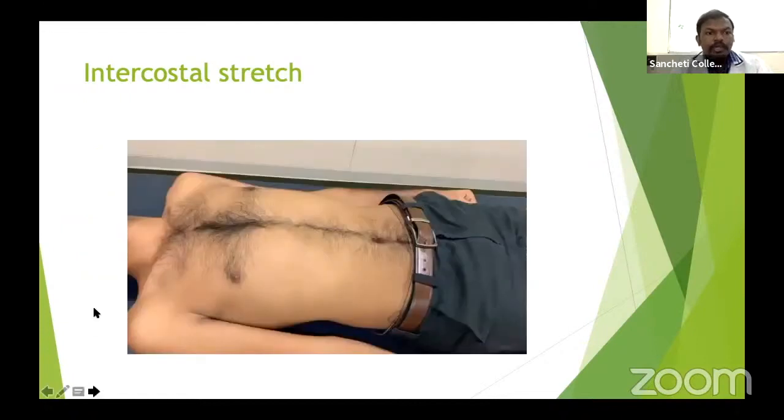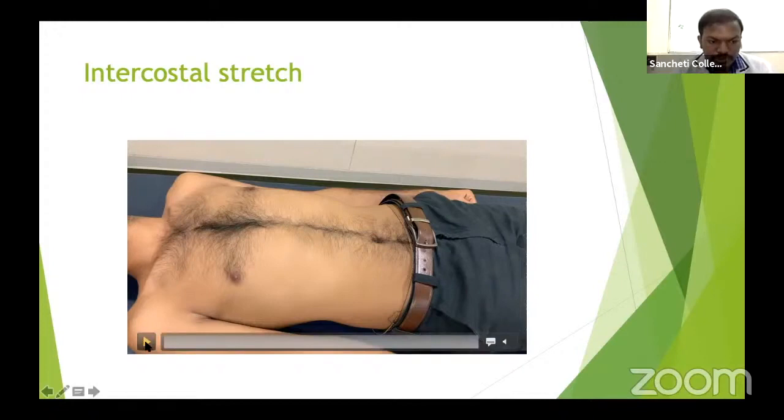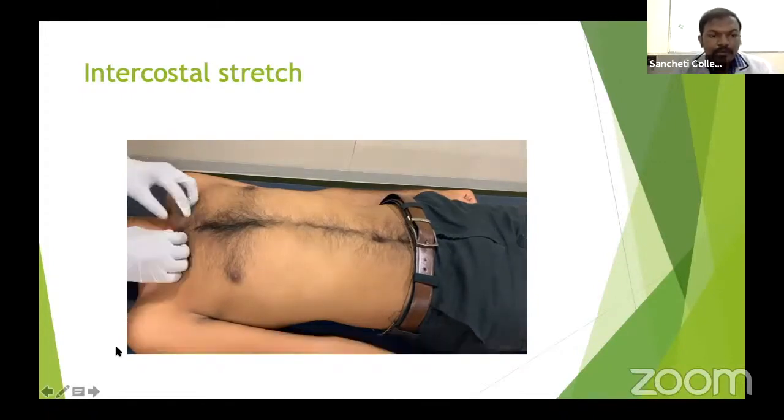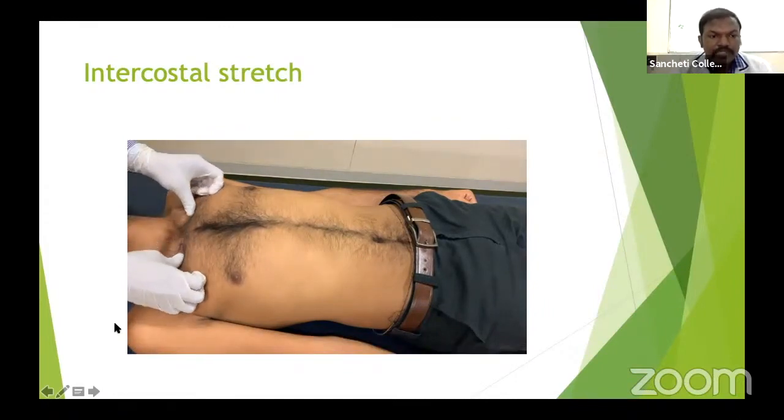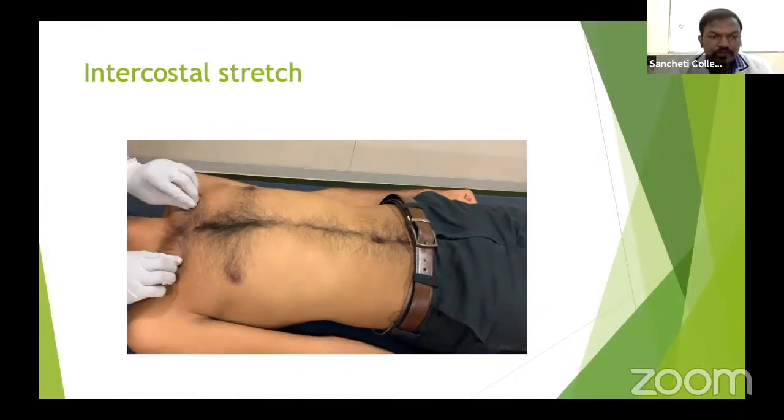Next, we are going to see on the patient how we can apply the intercostal stretch. Again, the patient is in supine lying position. Firstly, you have to palpate the clavicle, then the sternum, and here you can palpate the second rib.